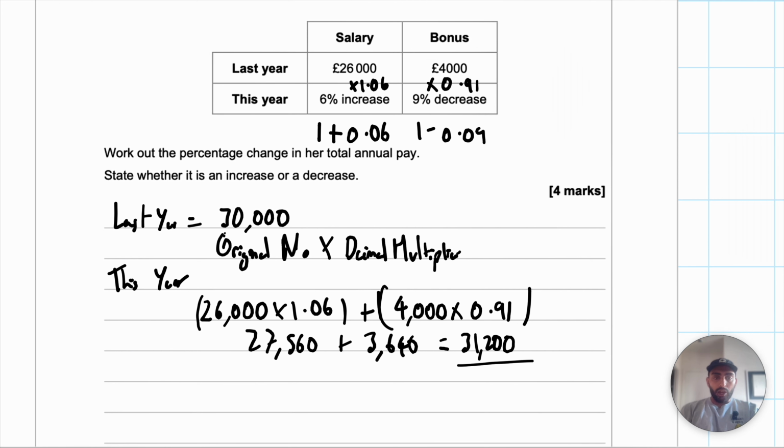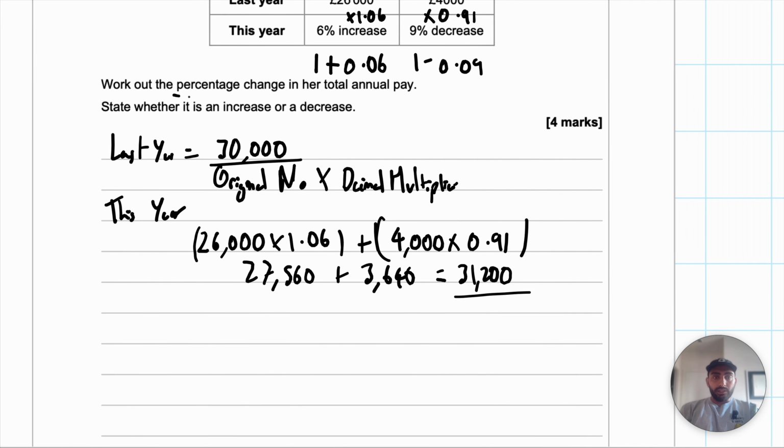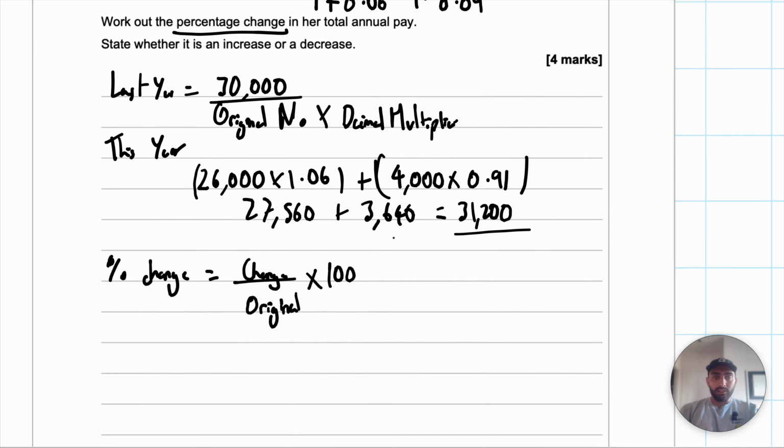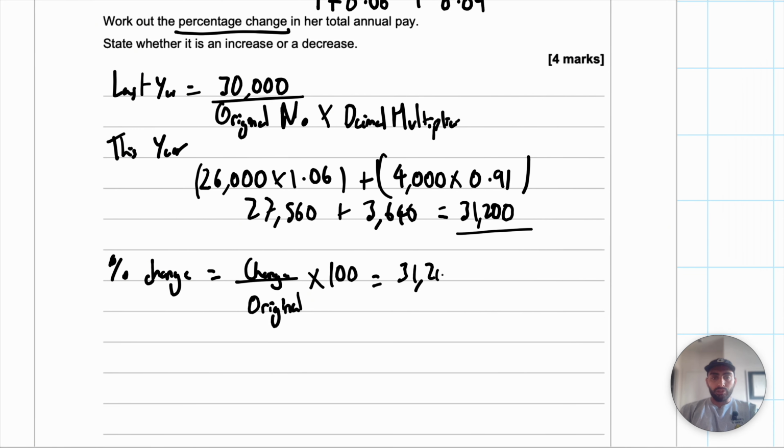So now we have our total for this year and we have our total for last year. But we need to figure out the percentage change. So percentage change is worked out by the change divided by the original, and then we multiply that by 100. So the change here is this year's minus last year's, 31,200 minus 30,000.